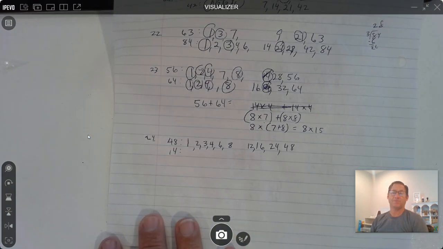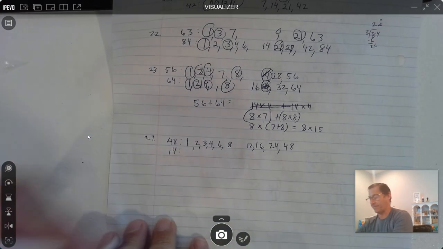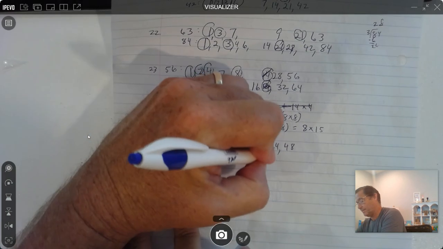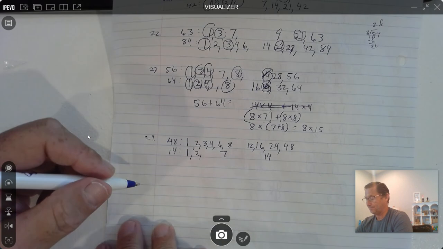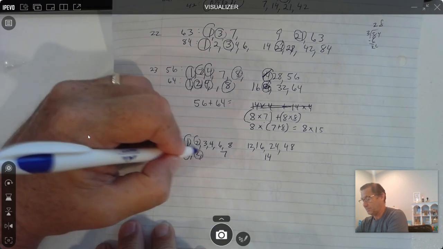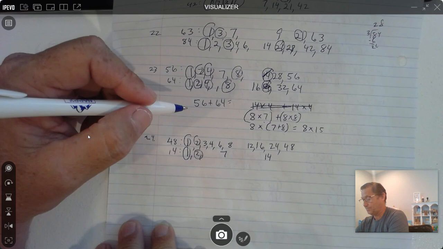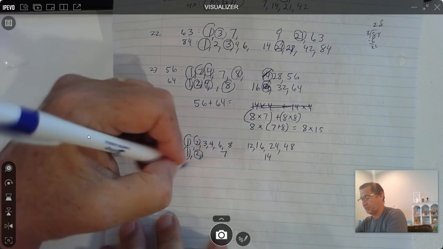Okay, so those are the factors of 48. Factors of 14: 1 and 14, 2 and 7. Common factors are 1, 2. Okay, so the greatest common factor is 2.